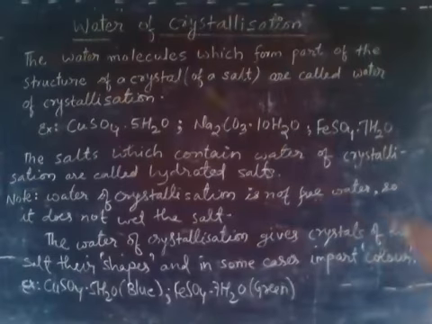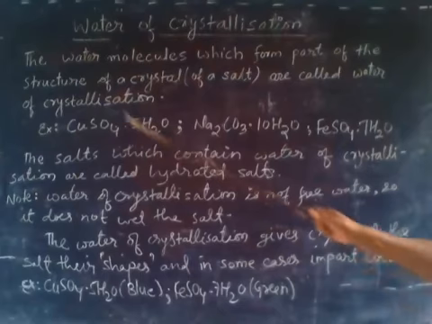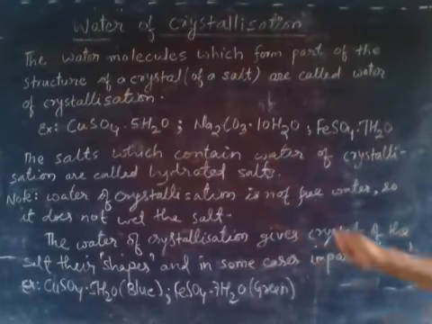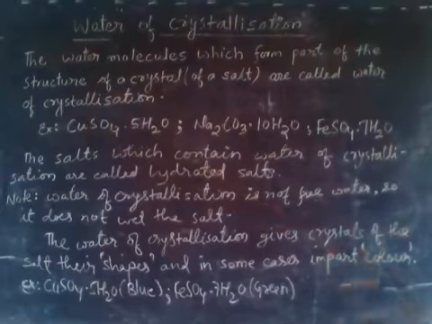Now, if you see the example again, copper sulfate contains 5 water molecules. That means that in one formula unit of copper sulfate we have 5 molecules of water of crystallization. So what will be the name of the whole compound? Copper sulfate, okay, but how do we name this dot 5H2O?